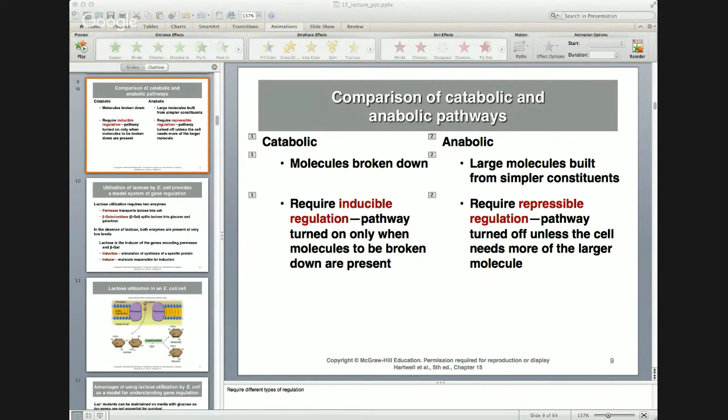If the repressor is unable to bind, it will again allow for constitutive expression of the structural genes. No repressor binding means RNA polymerase is able to bind at any point, regardless of whether or not lactose is present, and that would allow for constitutive expression of the structural genes Z, Y, and A.